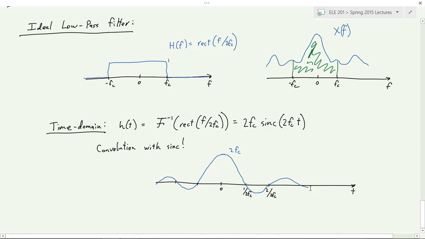So some things to realize here. Of course, we can think of h of t as the weights of a local weighting, because that's what convolution is.